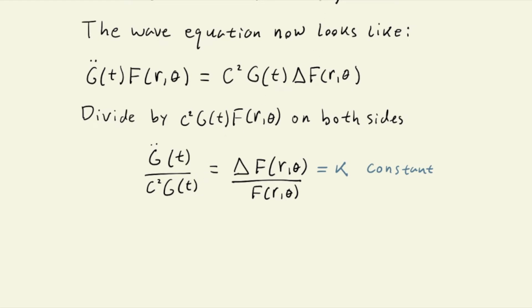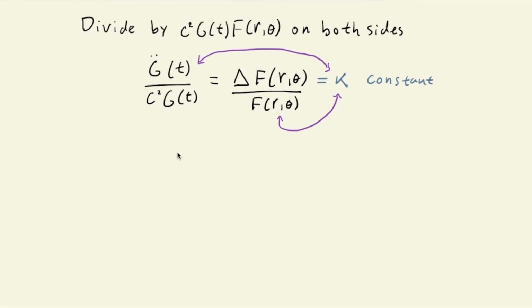And once we do that, then we get two differential equations, one for f by looking at this equation, and one for g by looking at this equation. And so for g, we get g double dot of t is equal to k c squared g of t.